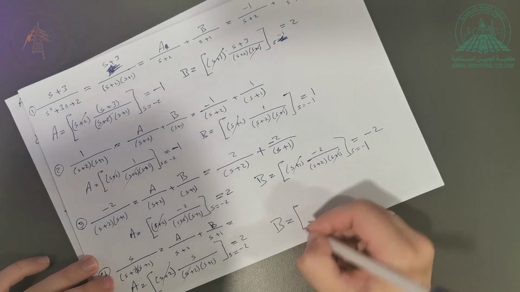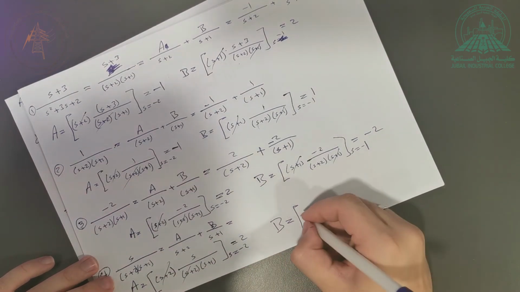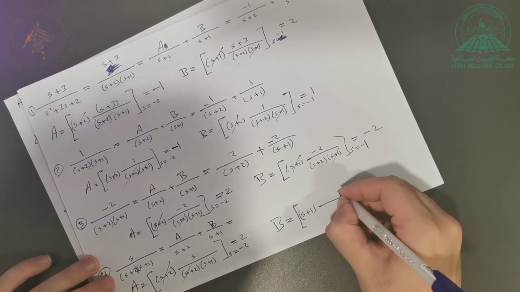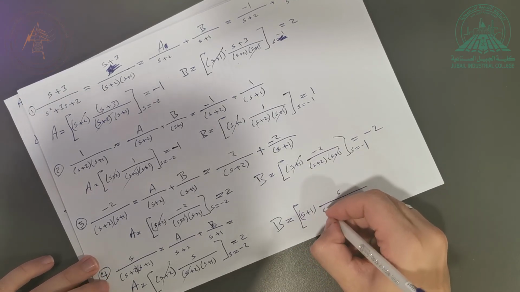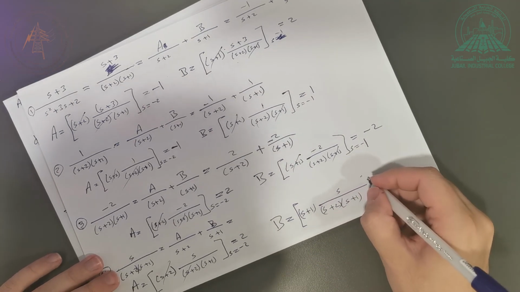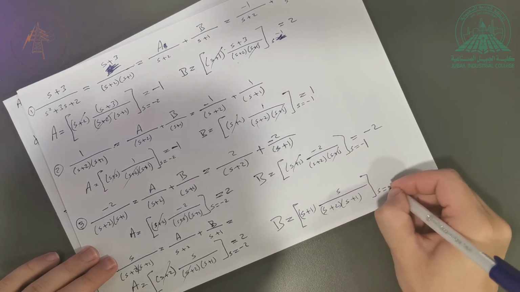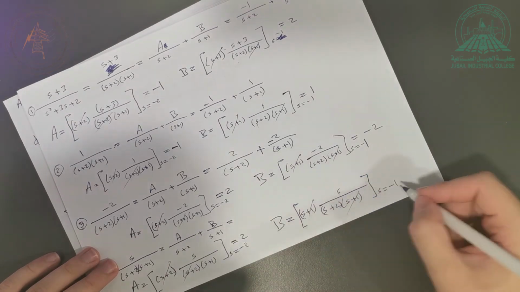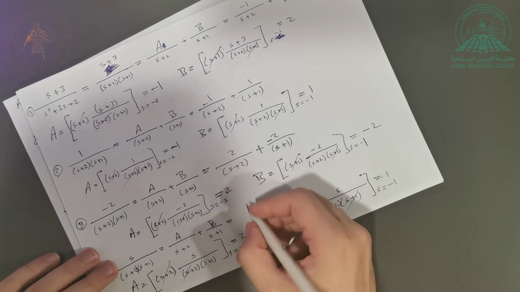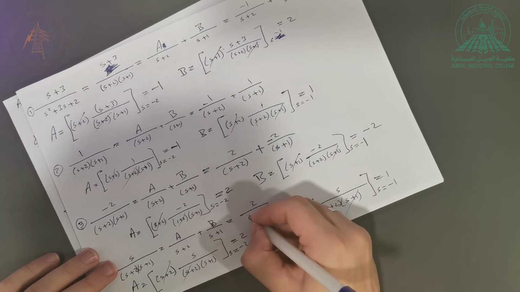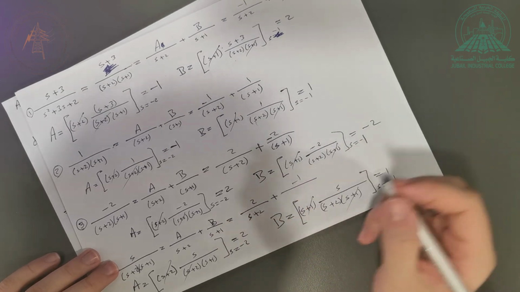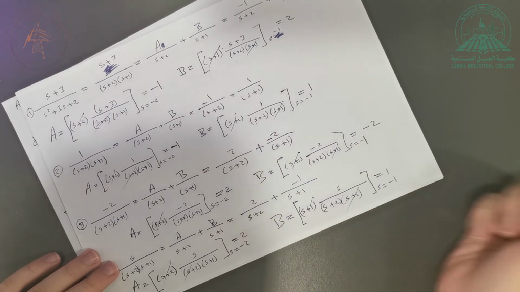B is equal to (s plus 1) times s over (s plus 2)(s plus 1), at minus 1. Cancel. Get minus 1 divided by 1, so you get minus 1. It means this is equal to 2 over s plus 2 plus minus 1 over s plus 1.